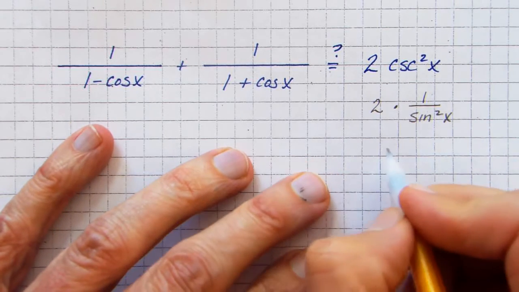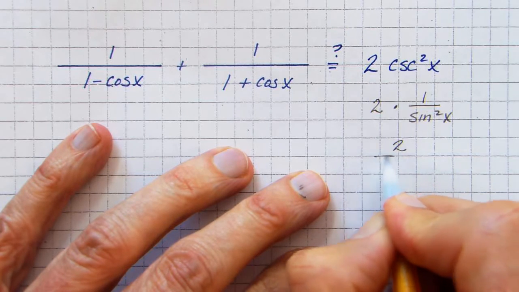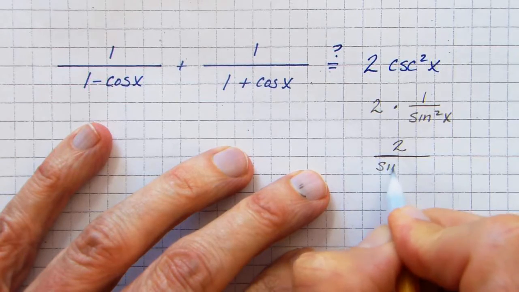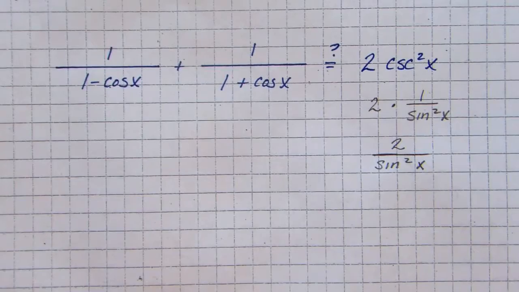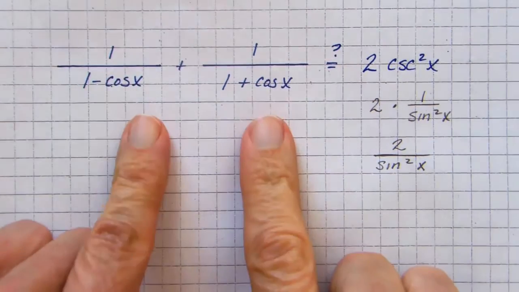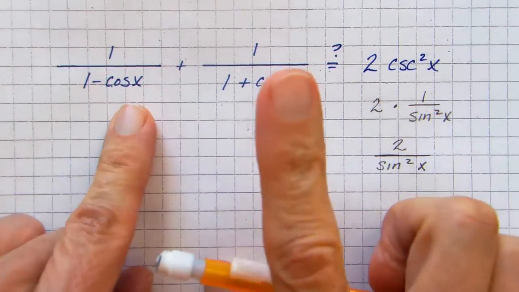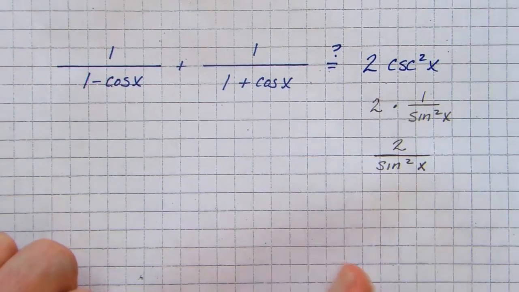Or more simply, this would be 2 over sine squared. So that's the right-hand side. So you're looking over here. This side right now looks nothing like this, but maybe we can do some algebra over here, and maybe we can end up getting it to look like this side over here.